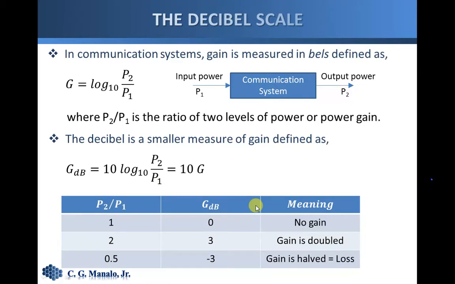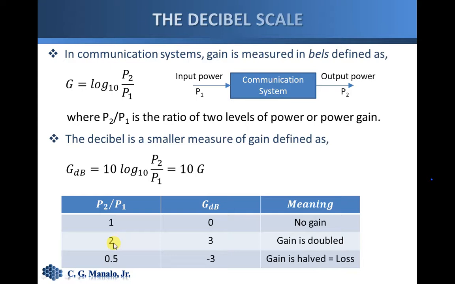To get some meaning regarding what decibels mean, for example, we have a ratio equal to 1. We'll get a decibel value of 0, meaning we actually don't have any gain. This is classified as no gain.